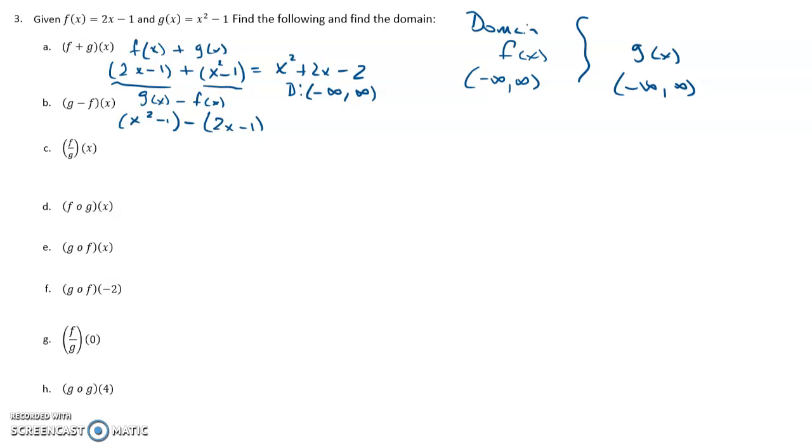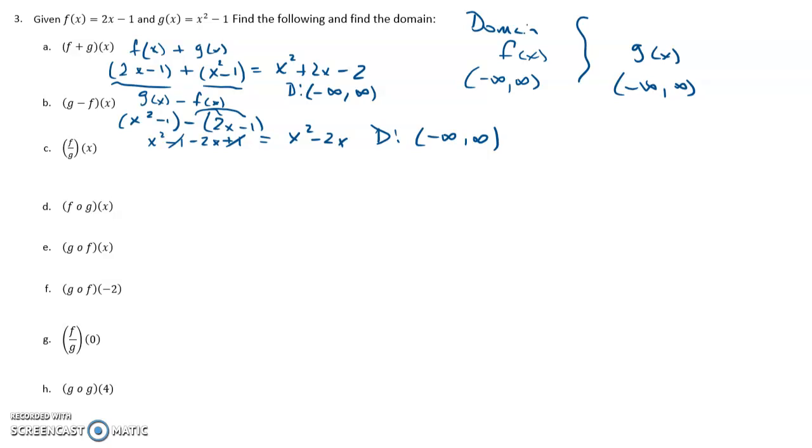And what's going to happen here is I have to distribute the negative. If you don't have those parentheses there, chances are you are not going to remember to distribute the negative in there. So it's going to be minus 2x and then a positive 1. So our final for the g of x minus the f of x is going to be x squared minus 2x. And then you can see these ones cancel out. And then again, the domain of this one is also going to be negative infinity to infinity because it is a quadratic.